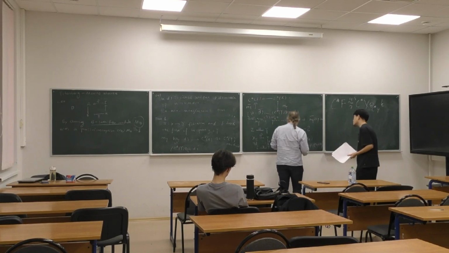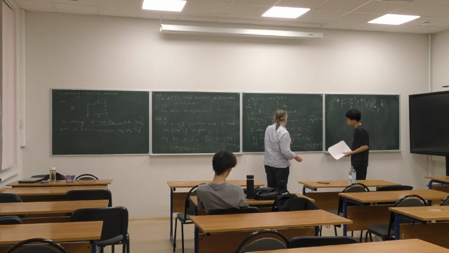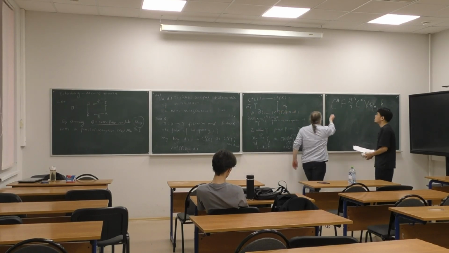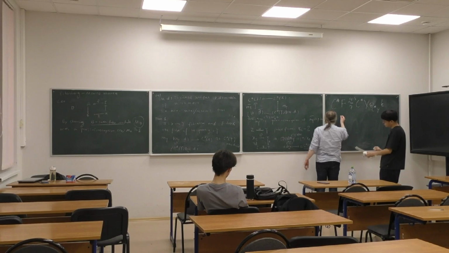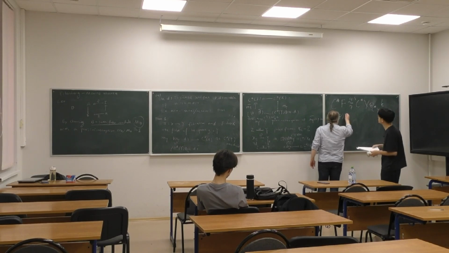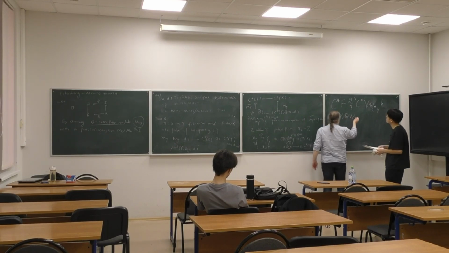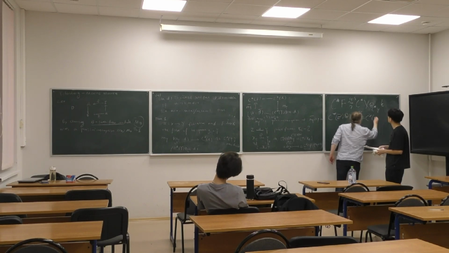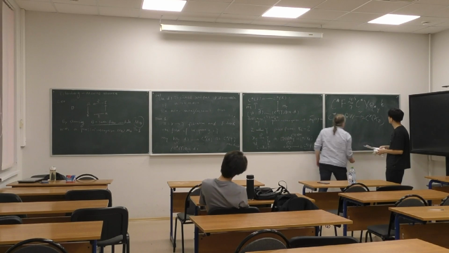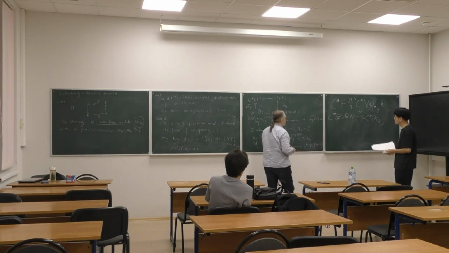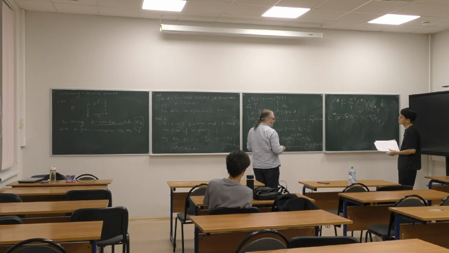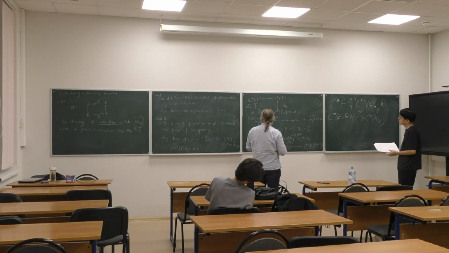Let's try to figure it out. So here we have C upper star Z cross W, and we want to map it into C upper star of X times Z. So how do we do this? Right, let's remember what W is.